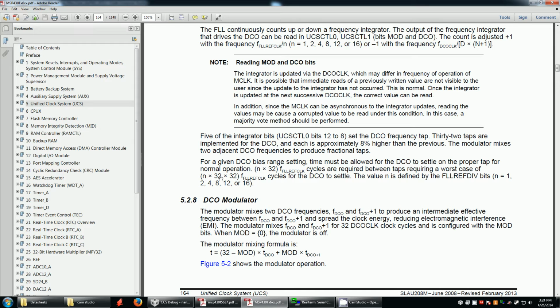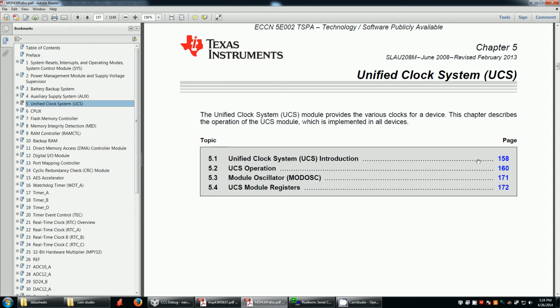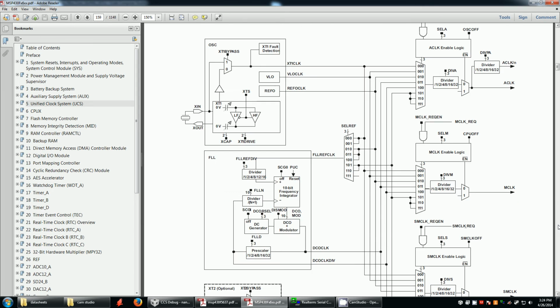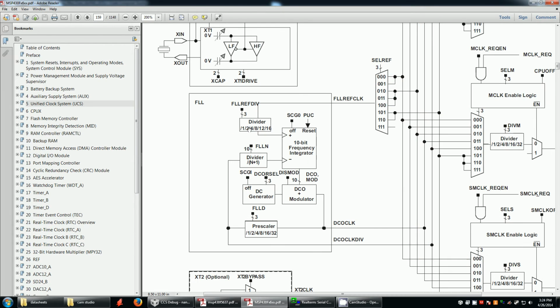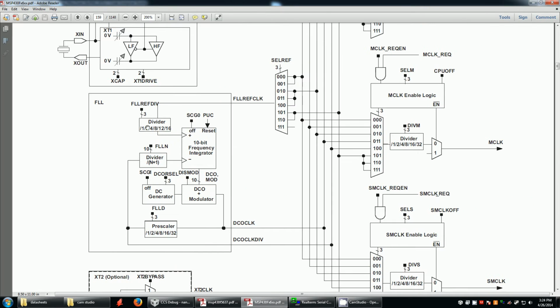And so 32 times 32 times n, and n is defined as the FLL reference division. So you go back for this example, I'm not going to divide the reference clock by anything. So since this is 1, n is 1, so you have 32 times 32.